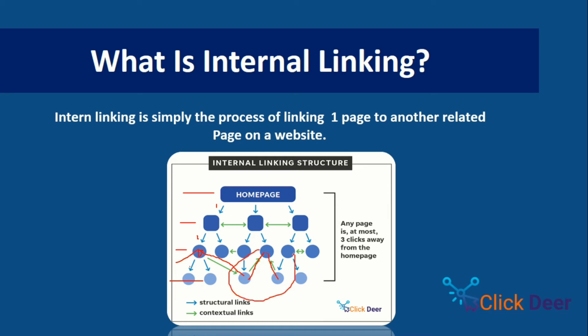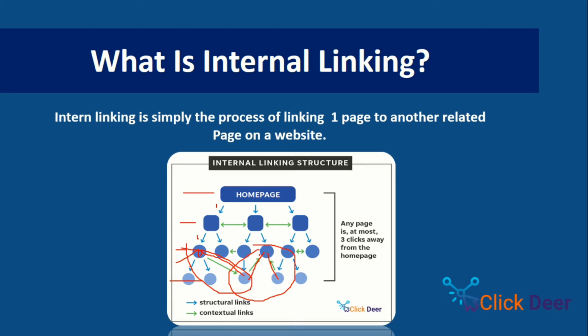So the point here is that all of these pages cover the same topic, and this is also called contextual links, to create the context and build the authority on specific topics. So this is why you should focus on internal linking, right? And we will discuss its SEO benefits later in this tutorial.